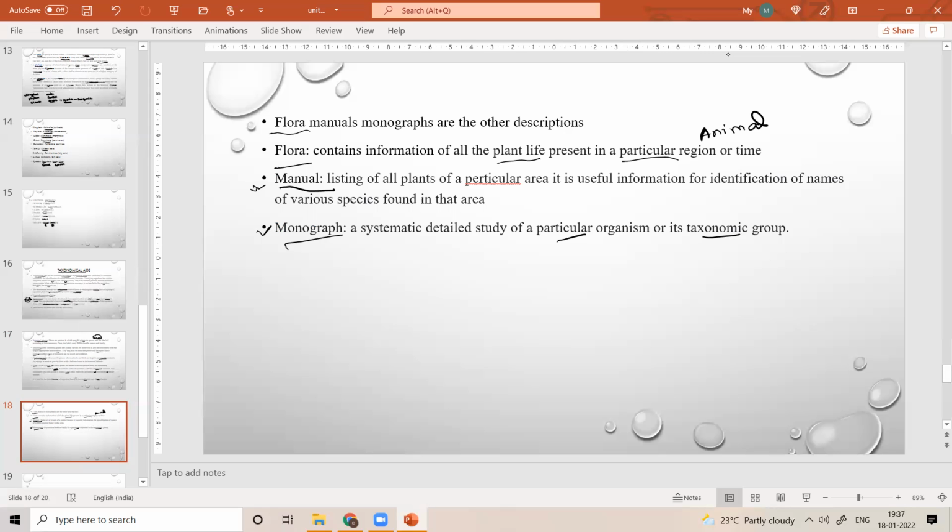So that is what the manual is. And flora is the description of all plant life present in one particular area, maybe at one particular time. So flora, manual, monographs are the other types of descriptions to study the diversity.